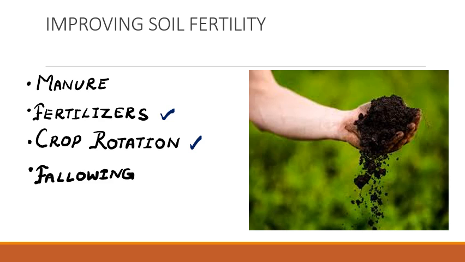Now, the wheat crop uses nitrogen in the form of nitrates, which leads to the deficiency of nitrogen in the soil. So, to compensate for the requirement of nitrogen in the soil, the leguminous crop is grown in the field. Why leguminous crop? Because leguminous plants have a speciality in their roots.